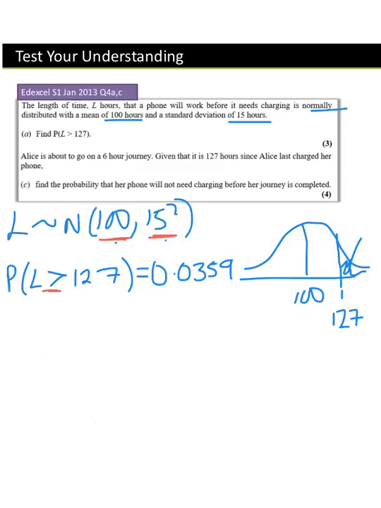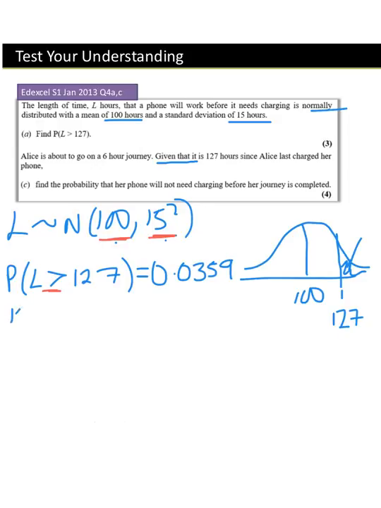Now to answer part B, it says that Alice is about to go on a 6-hour journey. Given that it is 127 hours since Alice last charged her phone, so given that L is greater than 127, find the probability that the phone will not need charging before her journey is completed.